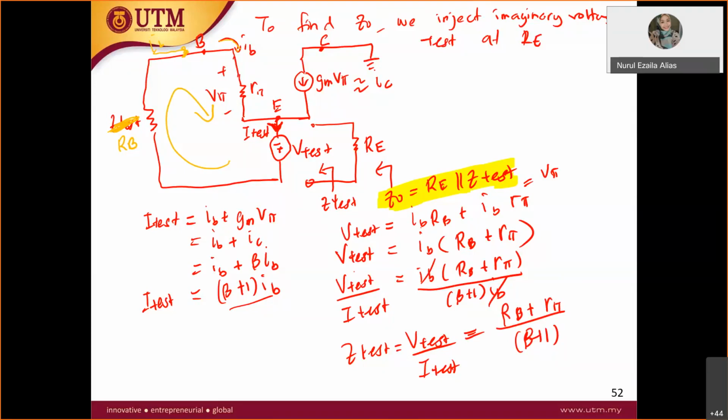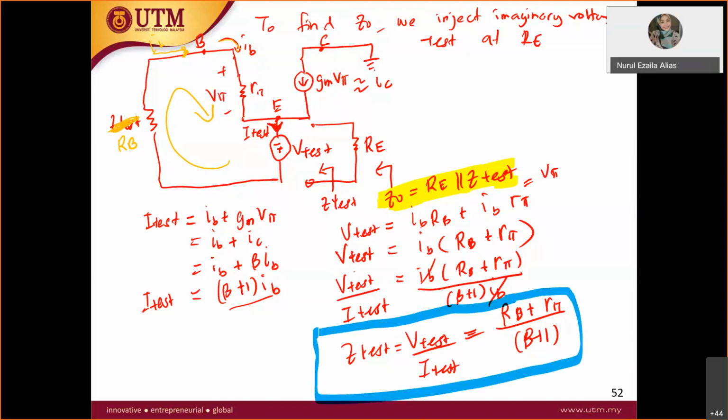But for me, the Z test for common collector is much simpler as compared to the Z test at common emitter and bypass just now. You can derive it, or if you don't want to derive it, you can memorize the Z test in common collector. But then finally, the Z out here, you need to parallel with the Z test. So RE parallel with Z test.